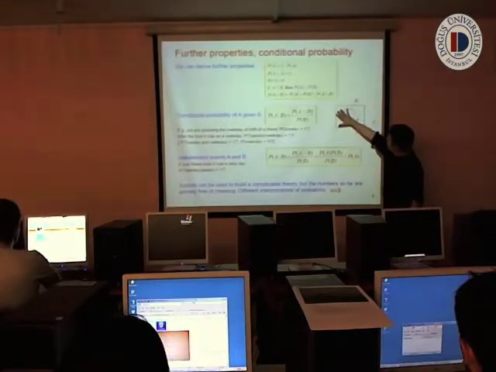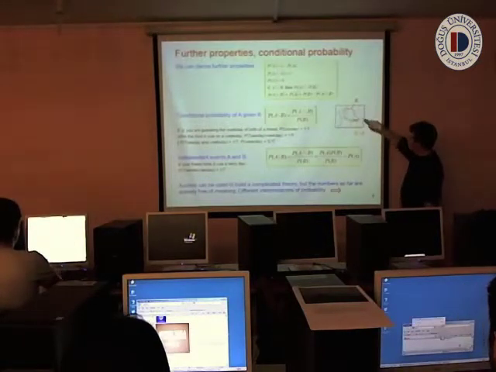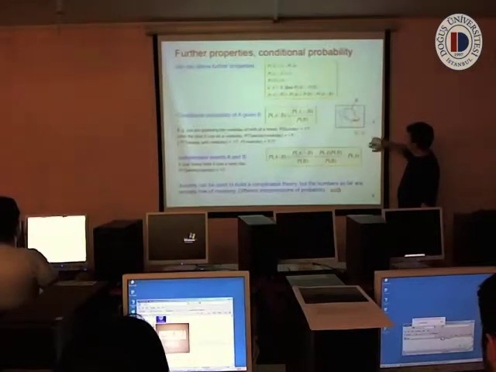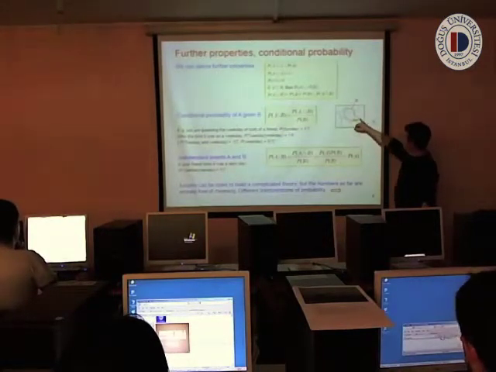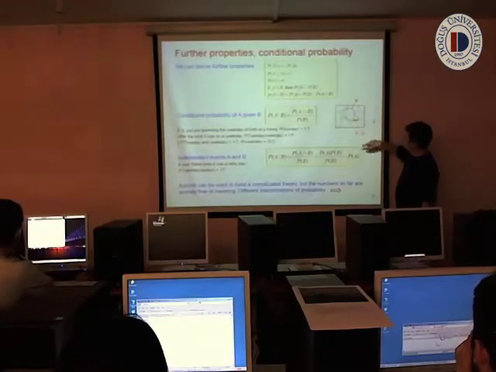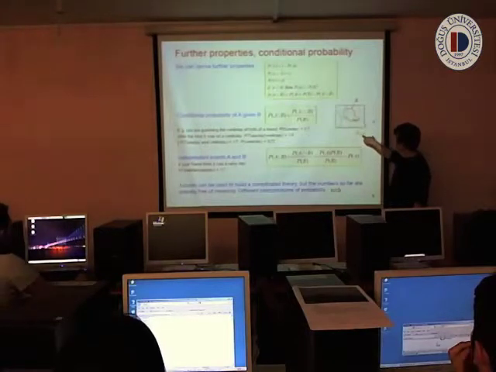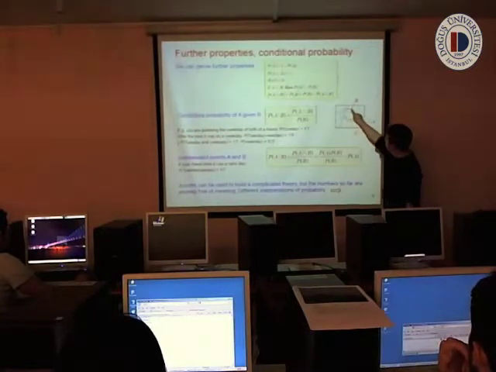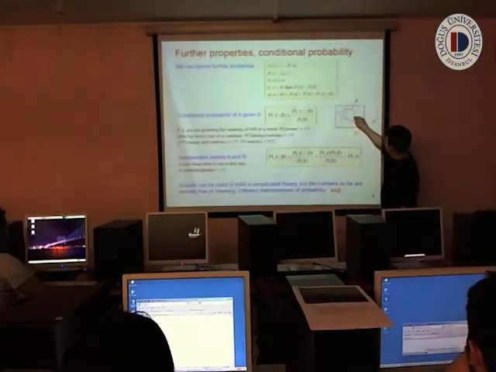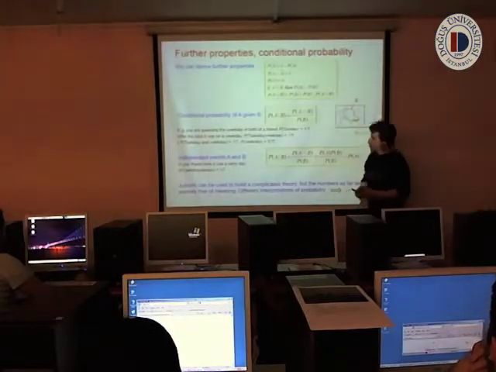If you look at this, let's say this is the probability space, these are all little events, and I define one event B, and I want to find out how likely it is that this event A happens if B has already happened. So then I know this is basically the fraction of B and A, which is this one, divided by the whole thing. If B happened, the likelihood that it is this part is basically the fraction of this to the whole thing. This is called a conditional probability.